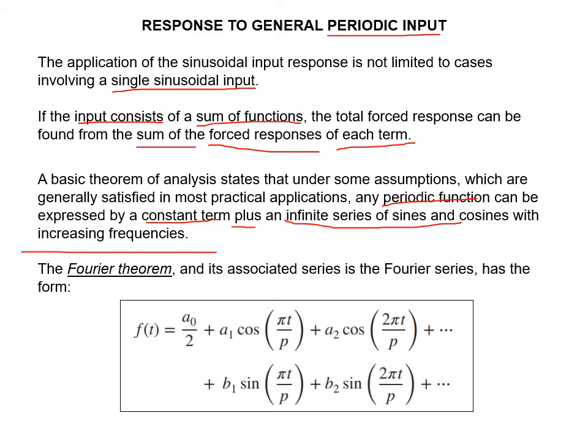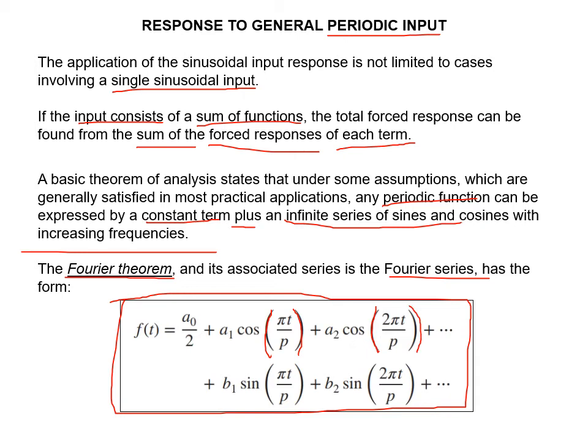This is known as the Fourier theorem, and it's associated with the Fourier series, which has the general form we can see down here. f of t is equal to a naught over 2 plus a1 times the cosine of pi t over p, plus a2 times the cosine of 2 pi t over p, plus so on and so forth for the rest of the equation. And we also have this for b1 and b2 all the way on up as well.